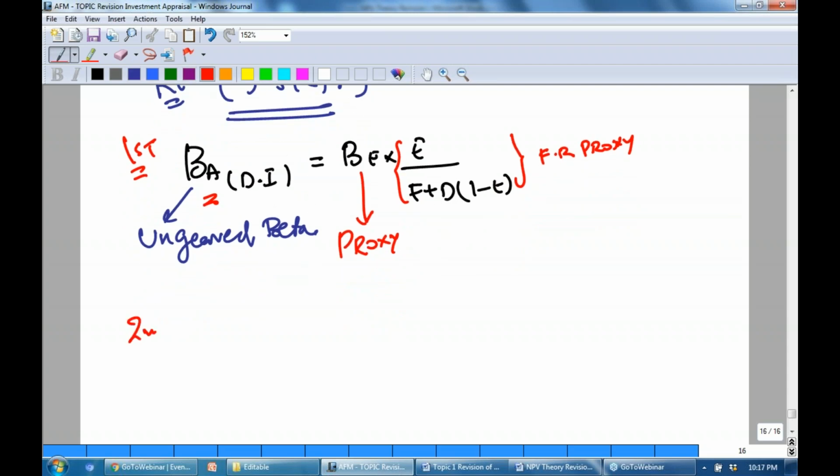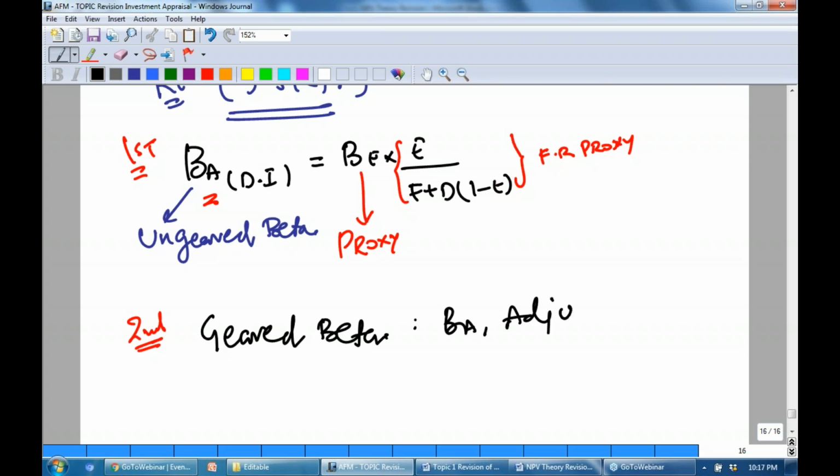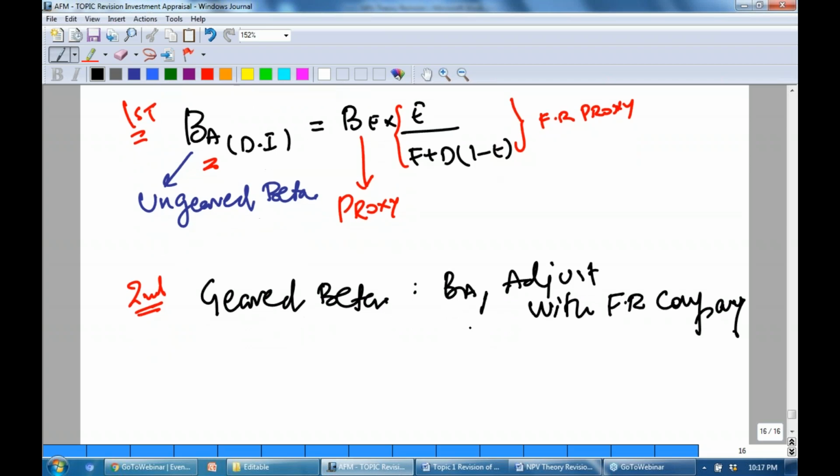Second step, once you identify the ungeared beta, then you need to know about geared beta. Geared beta means beta asset adjusted with financial risk of the company, with the same above formula.